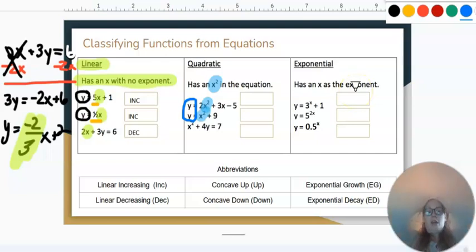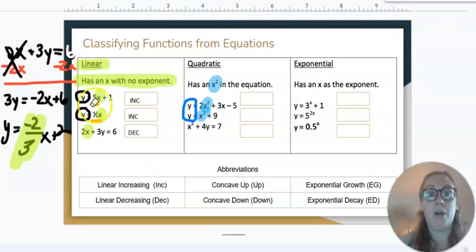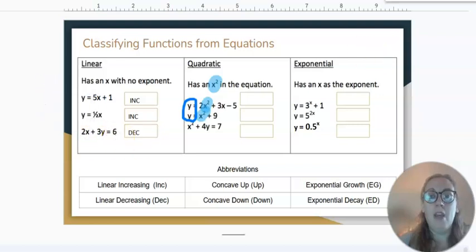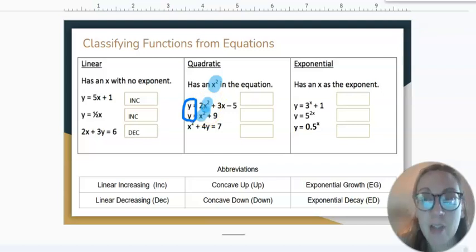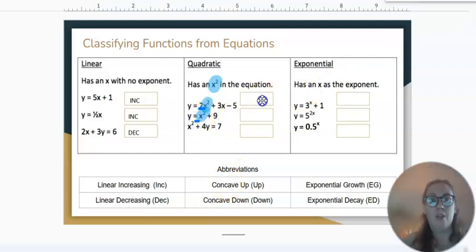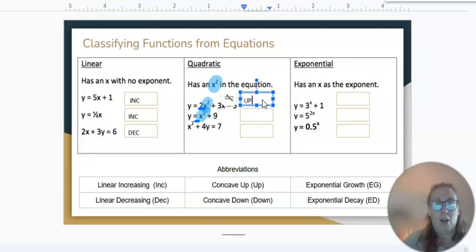So we can figure out if it's concave up or concave down. So I'm just going to erase what I have over here so we can look at it. Because if it's concave up, that number in front of x squared is going to be positive. So here we see a positive 2 and a positive 1x squared. So both of these are going to be concave up, the first two.